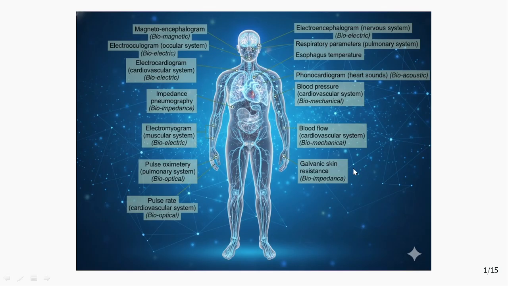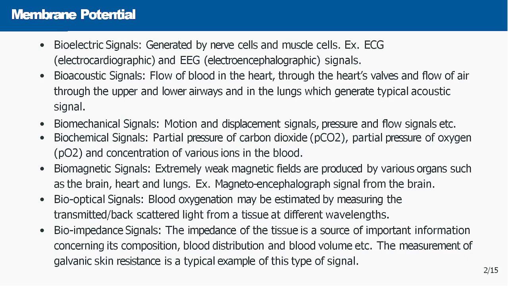So, these are the different sources of biomedical signals and how to capture them, like electromyogram, pulse oximetry, electroencephalogram, electrocardiogram, electrooculogram. All these are different types of biomedical sources and recording systems.